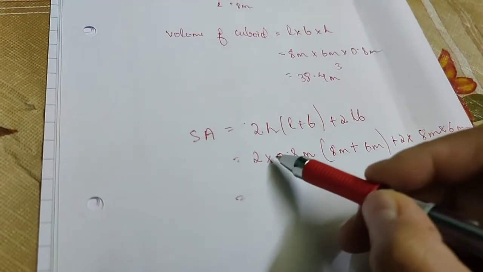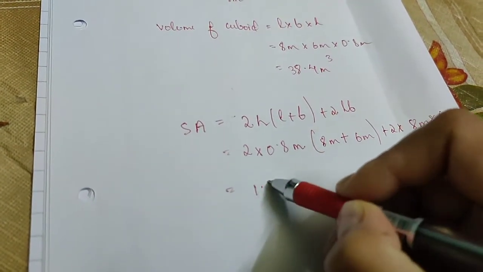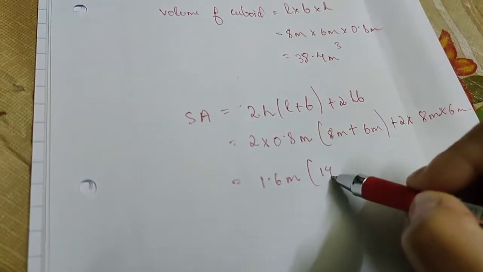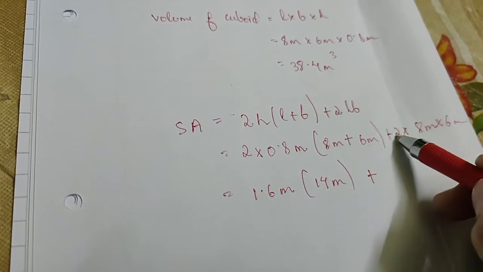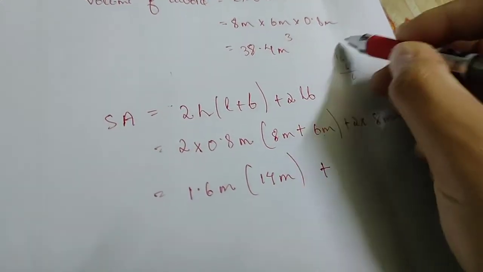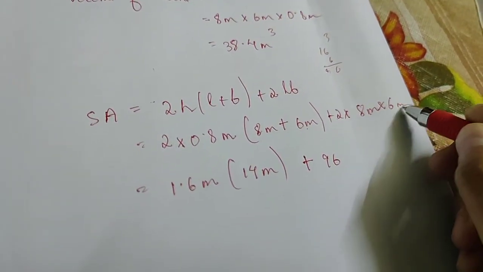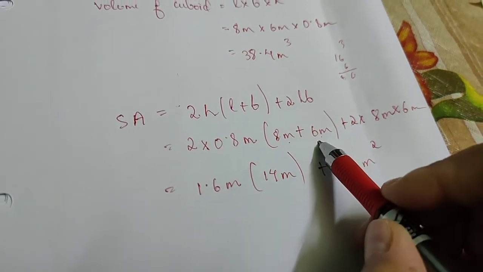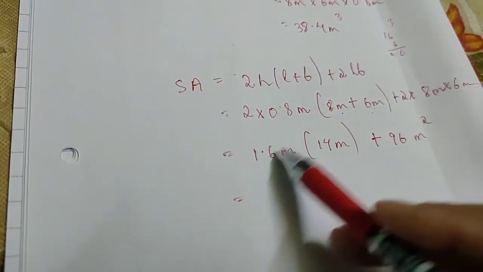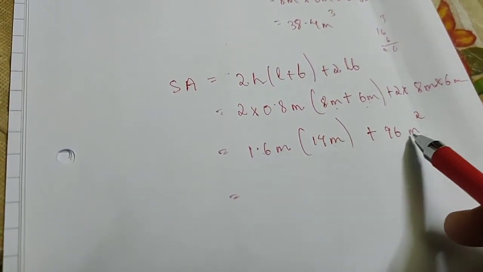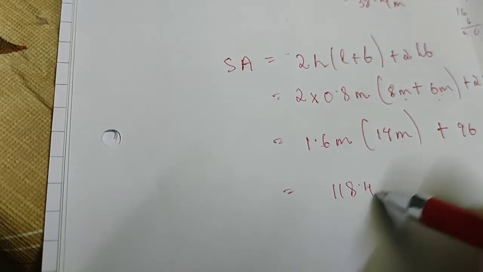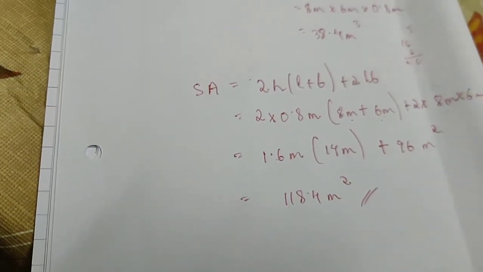So here it will be 1.6 meter and 8 meter plus 6 meter is 14 meter, plus 2 into 8 into 6, so 16 into 6 is 96 meter square. After you calculate, 1.6 multiplied with 14 also becomes meter square, plus 96 meter square. So your answer will be 118.4 meter square. These are very easy.